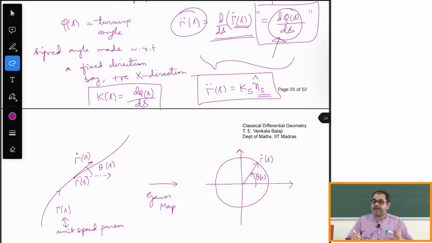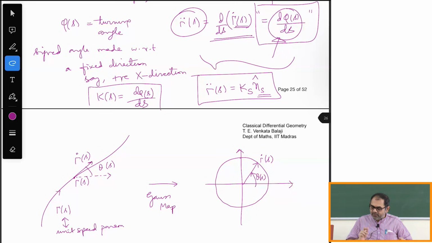And mind you, it is a signed angle, so the sense in which you are measuring the angle has to be taken into account, that is important. You measure it from the positive x-axis to the direction of gamma dot. So a sign will come in.